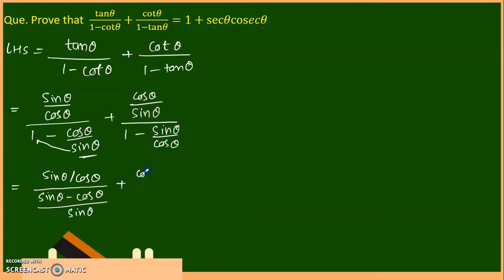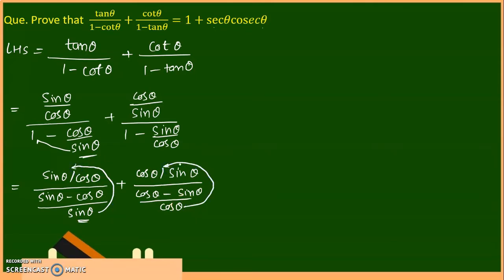Same way here, cos theta divided by sine theta divided with cos theta minus sine theta divided with cos theta. Now here this sine theta is the denominator of the denominator, we will go into the numerator, and same way here this cos theta will be going to the numerator.